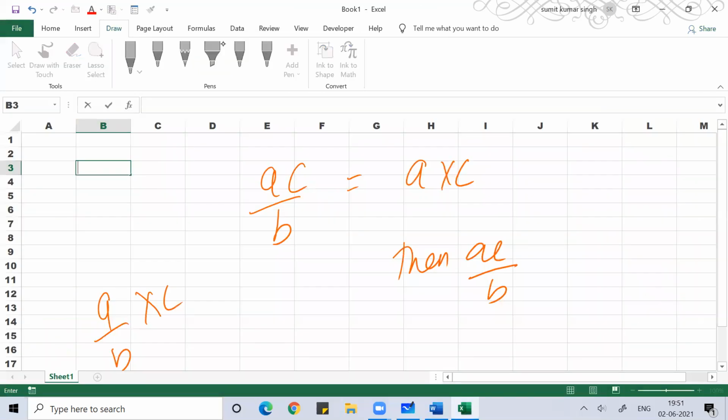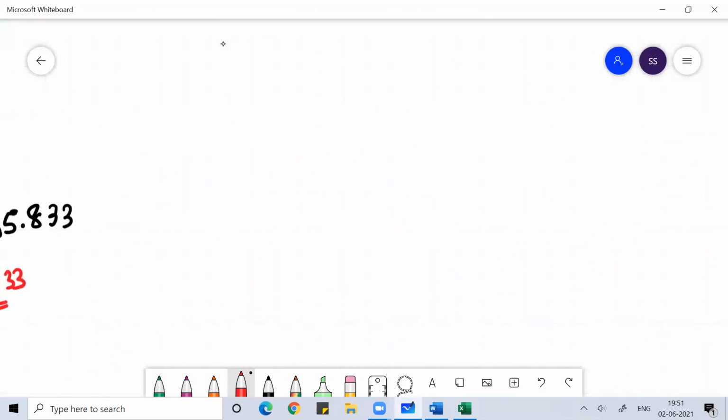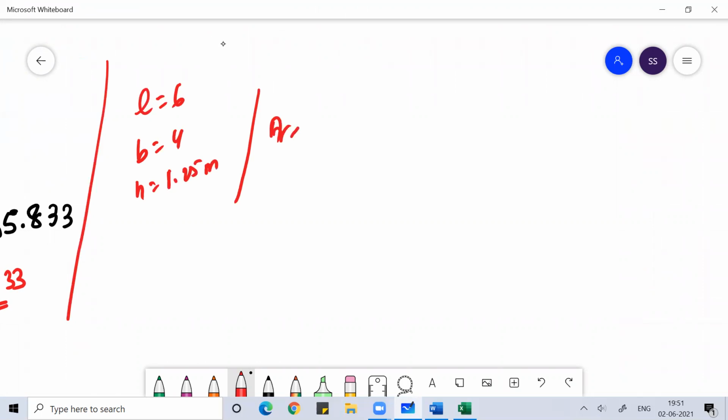So here your length is how much? Your length is 6 meter, breadth is 4, height is 1.25 meter. And the area you will consider will be LB plus 2BH plus 2LH, correct? Except the roof. So 2 into LB plus BH plus HL.